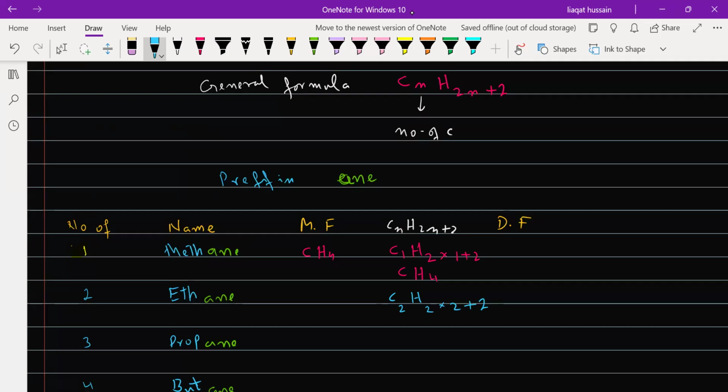So it will become C2H, 2 twos are 4 plus 2, 6. So its molecular formula will be C2H6.